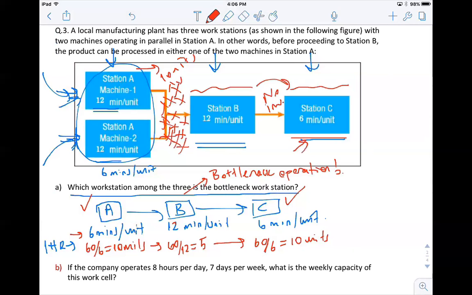And this is bad, right? Some of your people are going to work hard in workstation C, and some are going to be just staying idle. So that's one of the problems that bottleneck operations create in our systems. Therefore, we have to balance the capacity accurately when dealing with this kind of operation.